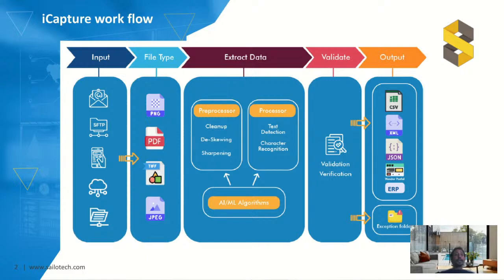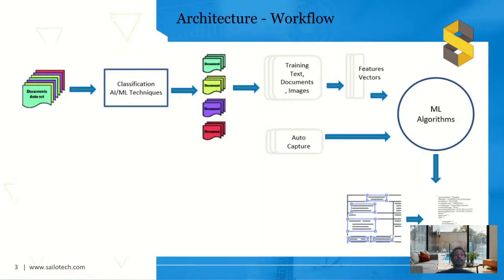So moving ahead, what is under the hood? It is all AI/ML techniques where the documents are classified. That classification happens, and then there's OCR-enabled data traceability in place, and then multi-tenant processing is in place, where the training of the different models happens.